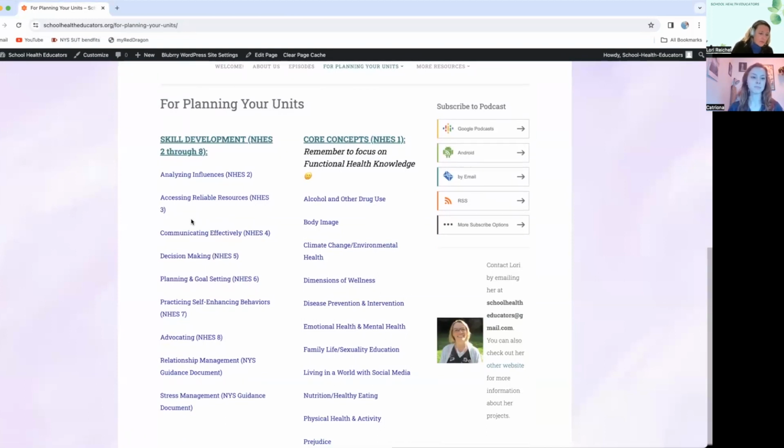And then there's two other links that were added on because in New York, we have the New York State guidance document. And on that document, we have the skill of relationship management and stress management.